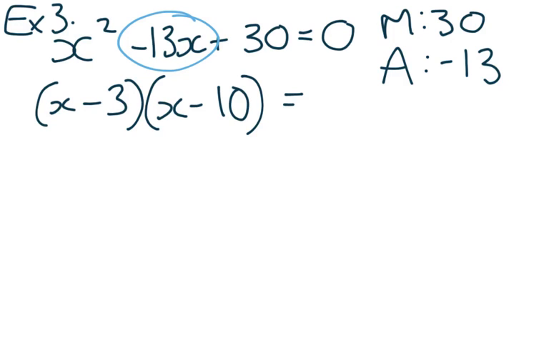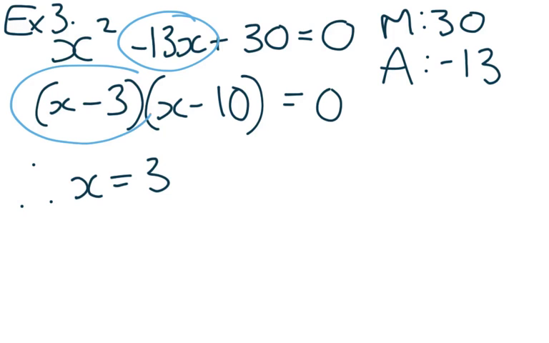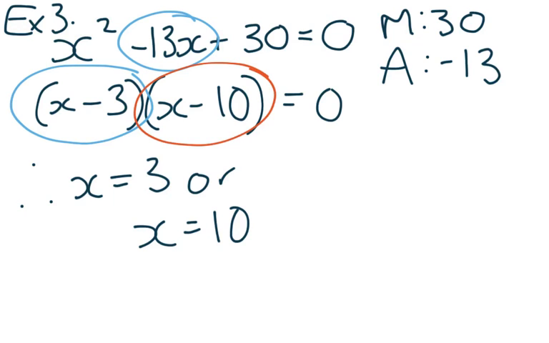Okay, equal to 0. So therefore, our solutions to make this equation equal to 0, x could be 3 to make this bracket 0, or x could be 10 to make this bracket 0. Okay, so again, we have two solutions.